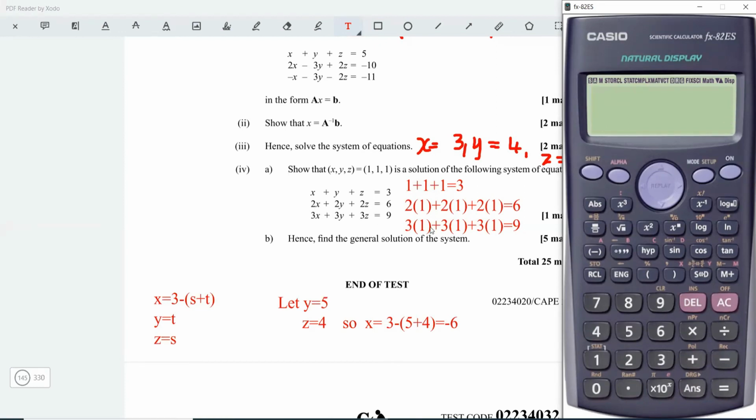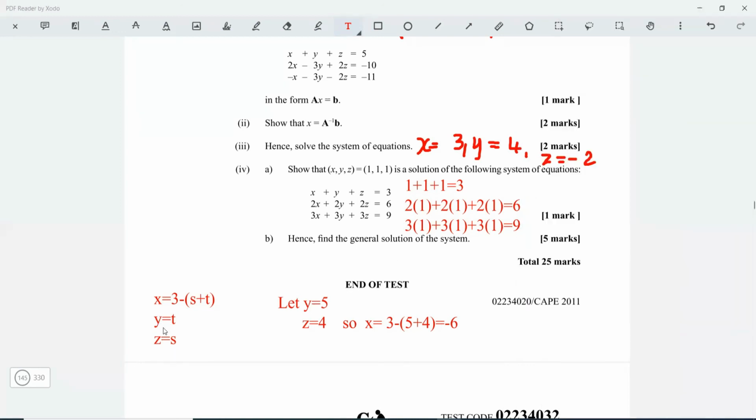Try the second equation: 2 times x, which is minus 6, plus 2 times y, where y is 5, plus 2 times z, where z is 4. You're guaranteed to get 6. See, there's 6. What that means is whatever you choose for y and z, you're going to get a corresponding x value, and that would give you a solution. So a solution of this system is minus 6, 5, 4.